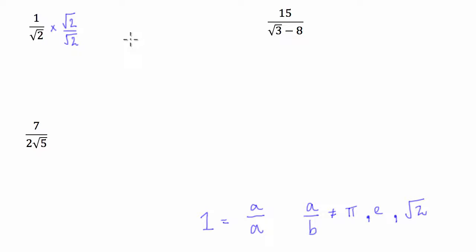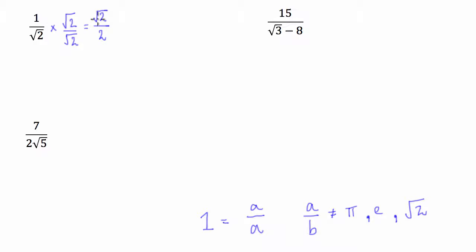This has the effect of giving us in the denominator square root 2 times the square root of 2, which is, would you believe, just 2. And 1 times the square root of 2 is the square root of 2.